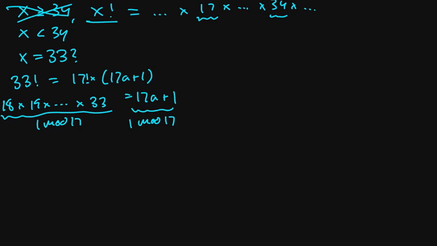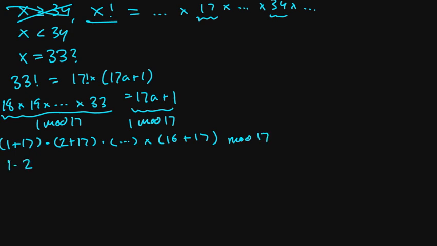So we can rewrite this as 1 plus 17 times 2 plus 17 times ... times 16 plus 17, right? And we take mod 17, and this is equal to 1 times 2 times ... times 16 mod 17. But note, this looks familiar, right?